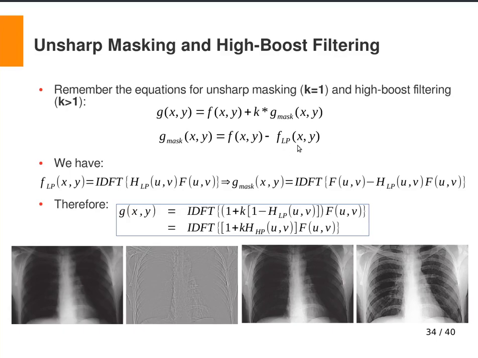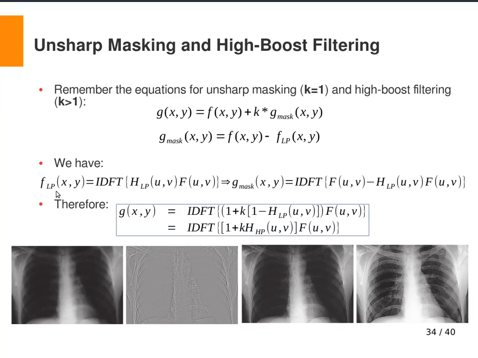And then the next thing that we needed to do was to add this mask to the original image with a weight k. So in the frequency domain, that is straightforward.